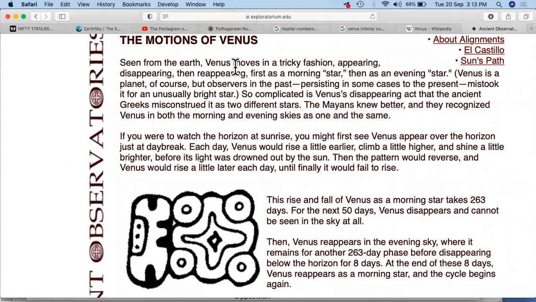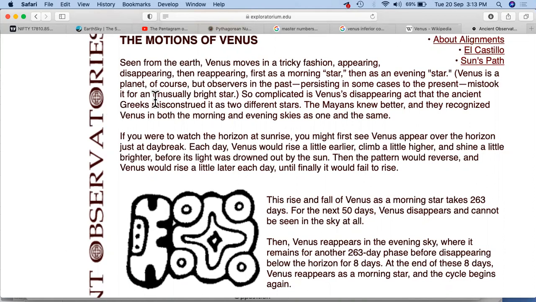Seen from the Earth, Venus moves in a tricky fashion, appearing, disappearing, then reappearing first as a morning star, then as an evening star. You probably know the terminologies morning star and evening star from technical analysis; here also, for Venus, it is morning star and evening star.